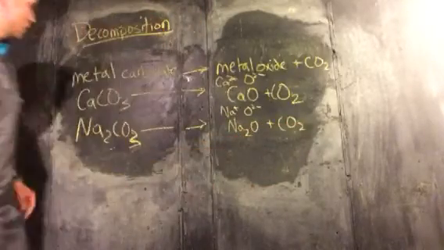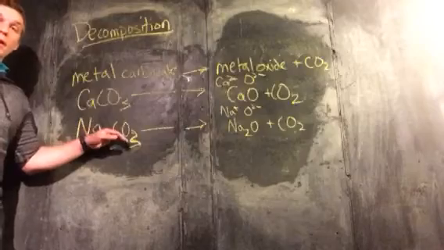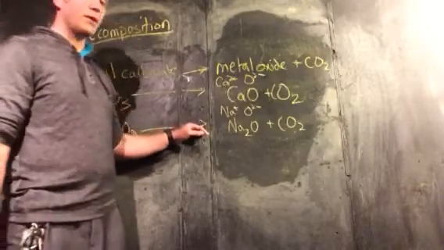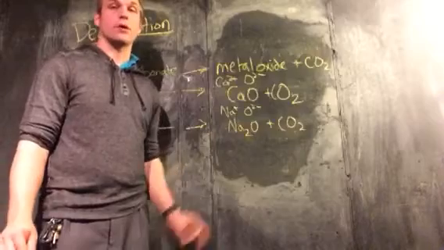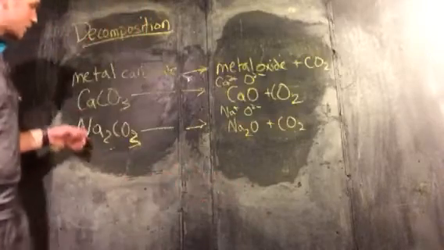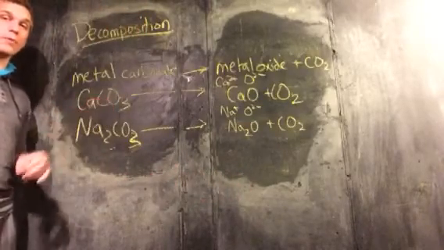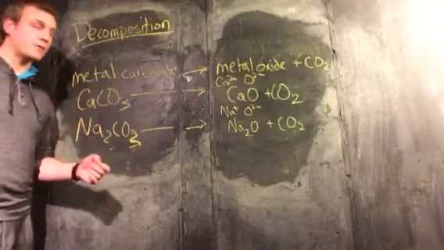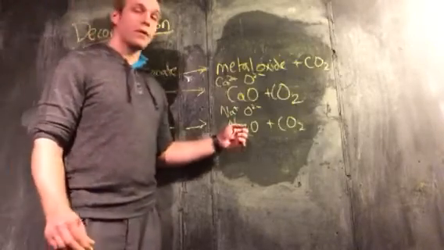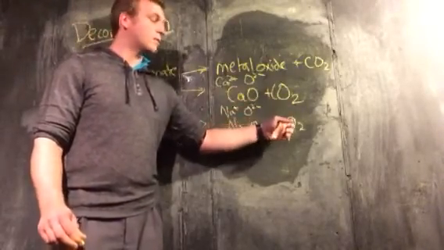Metal carbonate yields the metal oxide plus CO2. Okay? So anytime you have a metal and a carbonate, carbonate is CO3, so metal plus CO3, it will break down and decompose into the metal oxide plus the CO2.